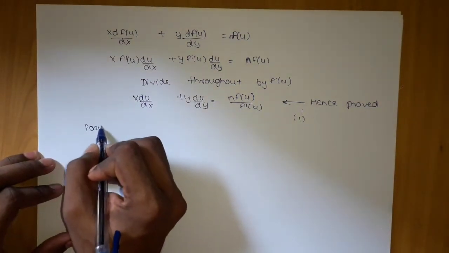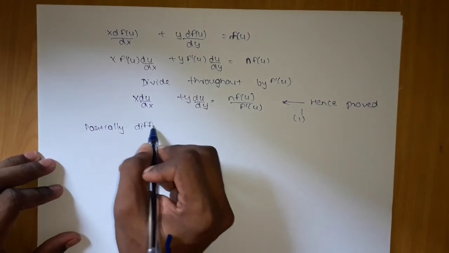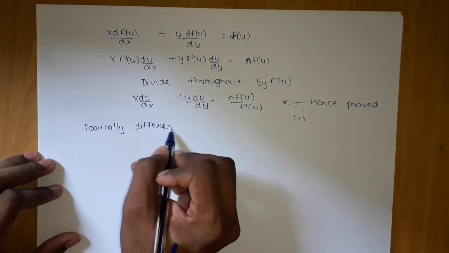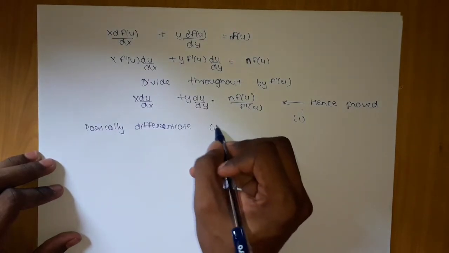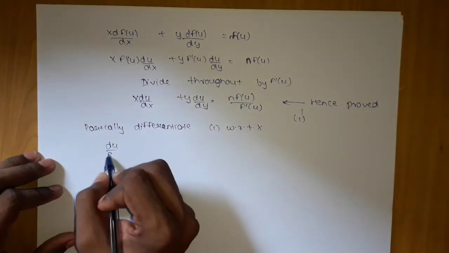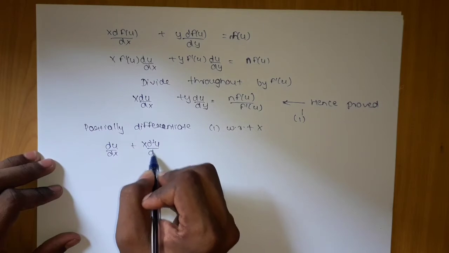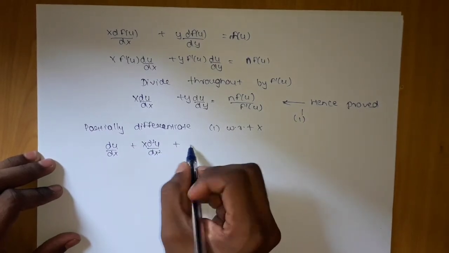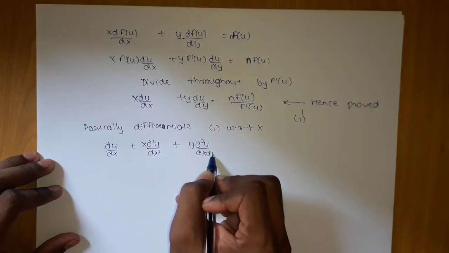First step, partially differentiate 1 with respect to x. What we are going to get is ∂u/∂x + x ∂²u/∂x² + y ∂²u/∂x∂y.